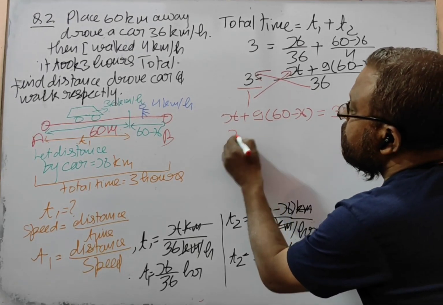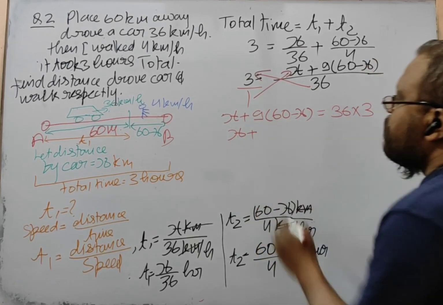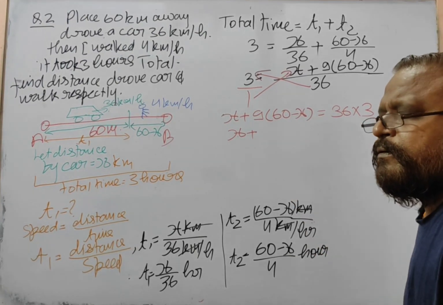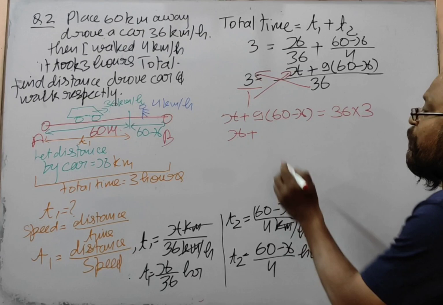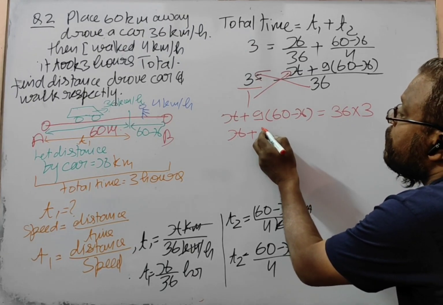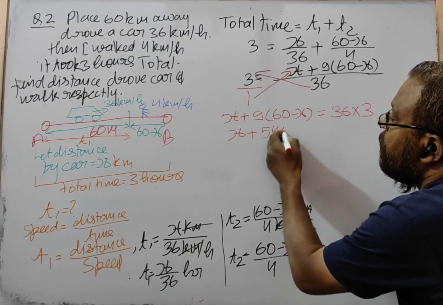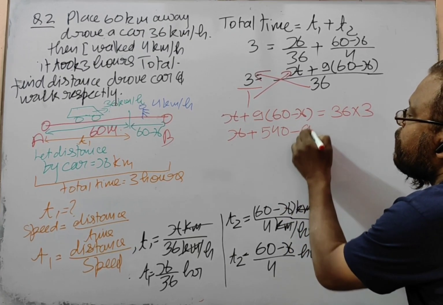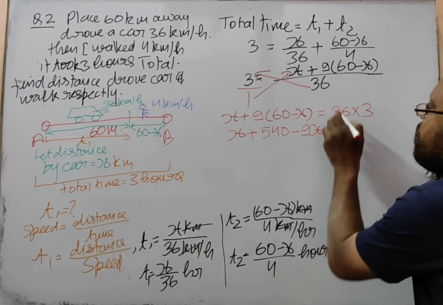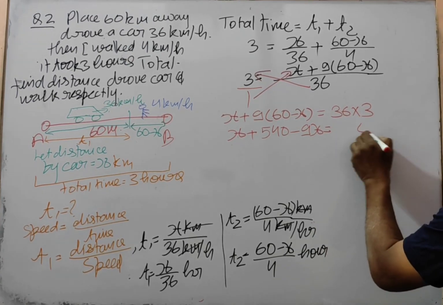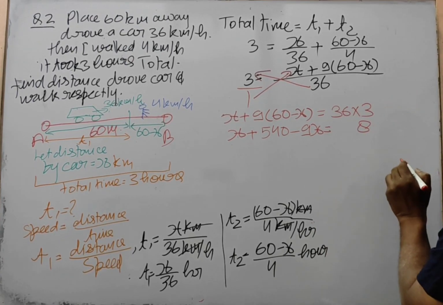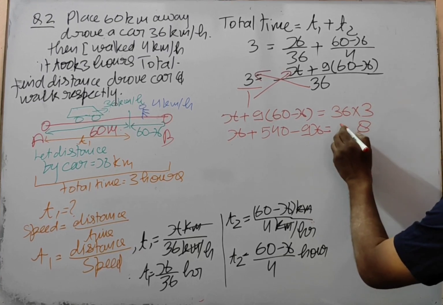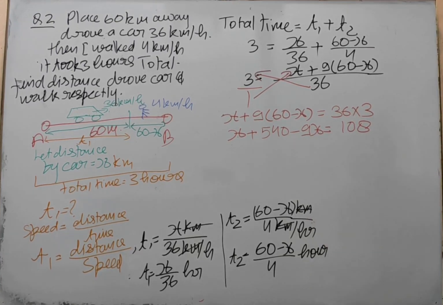So x plus 6 nines are 54, so it is 540 minus 9x is equal to 3 6 are 18, we carry 1, 3 3 are 9, and 1 makes 10. This is 108, right?